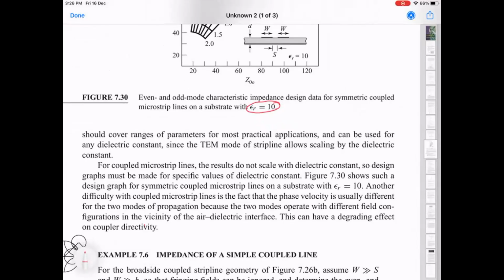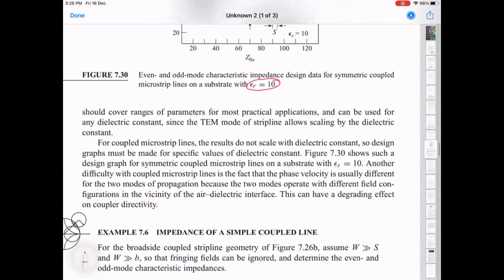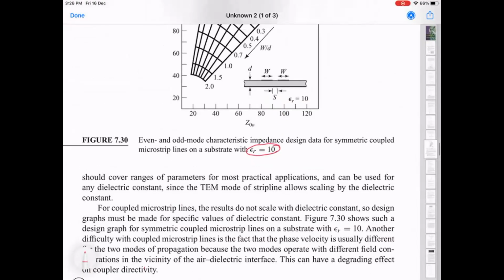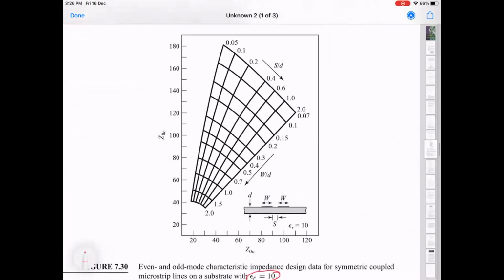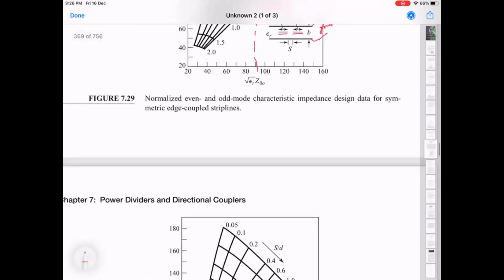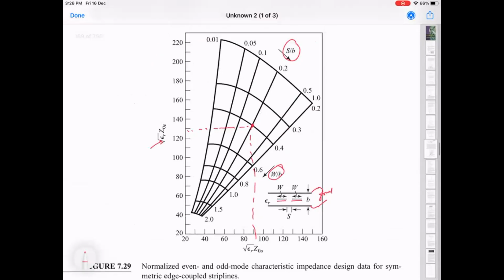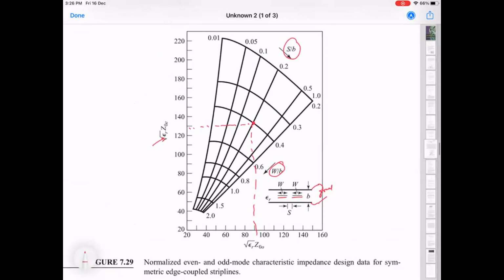So with increasing spacing, Z even is increasing and Z odd is increasing? Let's look at the strip line one. Increasing S is in this direction.